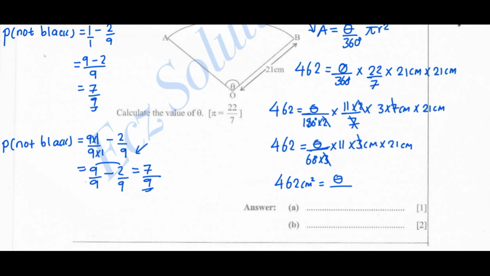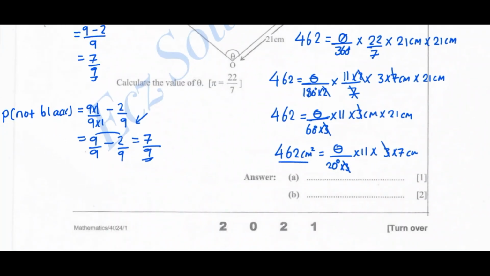So 60 is same as 20 times 3 times 11 times 7 is 3 times this one. So that we can cancel this one, we cancel this one. Now let's check for what is remaining. So over 1, we cross multiply.